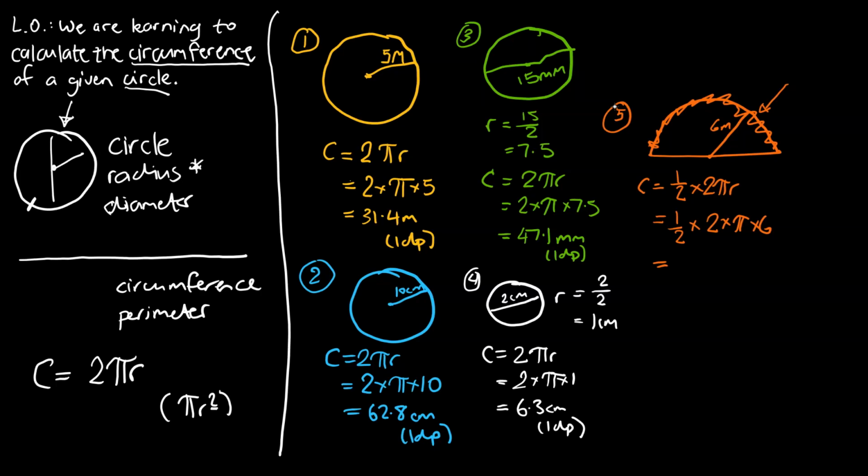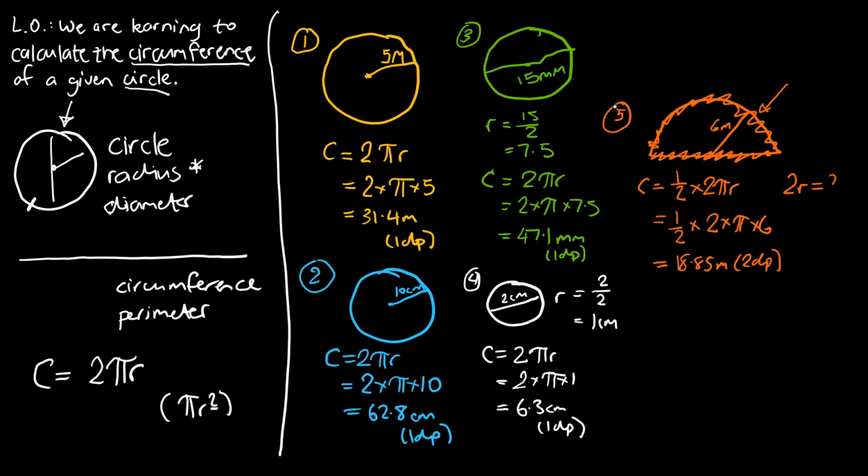You can put that into your calculator and you'll be able to get to our answer. So 1/2, well that's 0.5. So 0.5 times 2 times pi times 6. That gets us to 18.85 meters. And I've chosen to round that to 2 decimal points. So that's the curved edge. I then need to worry about this flat edge along the bottom. And this flat edge is actually going to be 2 lots of the radius.